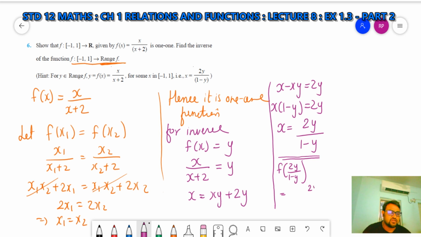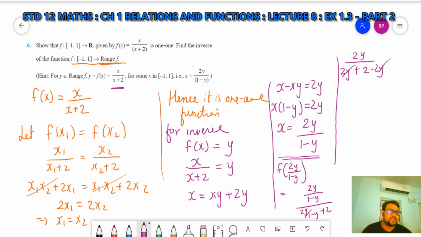Instead of x, I put 2y/(1 - y) in the function x/(x+2). Taking the LCM, 1 - y gets cancelled, giving 2y/(2y + 2 - 2y).